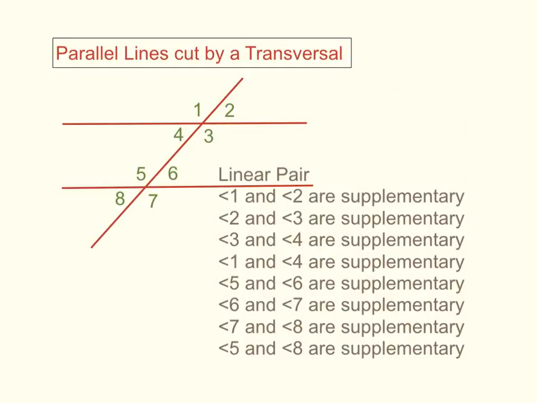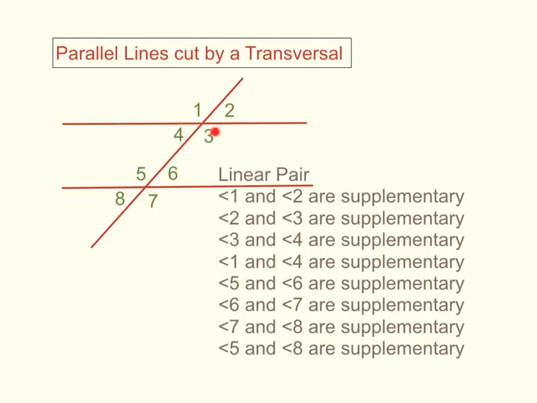The last type we're going to look at today are the linear pairs. Right? Linear pairs. They are two angles that are right next to each other. Right? They share a common ray, and they are supplementary. Right? They add up to be 180. Angle 1 and angle 2 are supplementary.